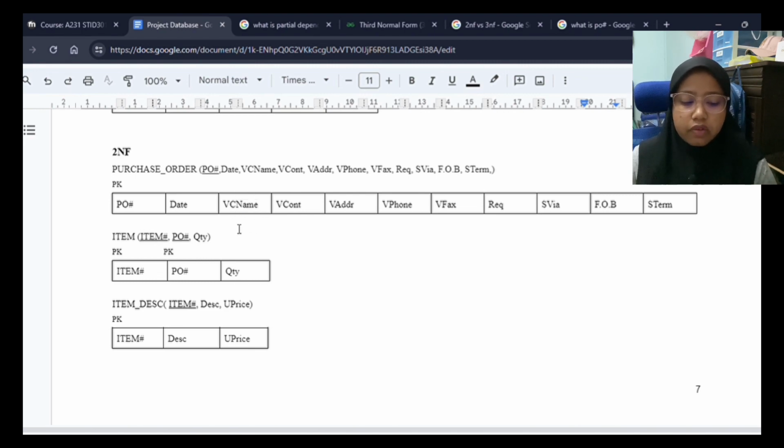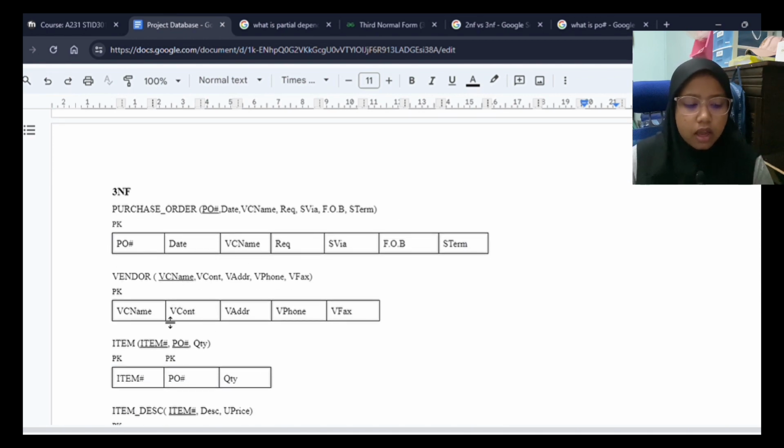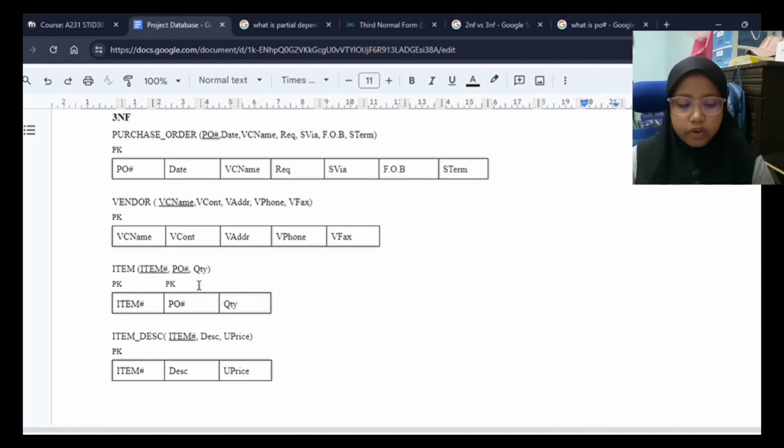It depends on the vendor contact name, also a non-key. So it is a transitive dependency and we have to remove it. Same goes for vendor address, vendor phone number, and vendor fax number. We remove them into a new table called vendor. As a result, we have four tables in third normal form, which are the purchase order, vendor, item table, and item description table.